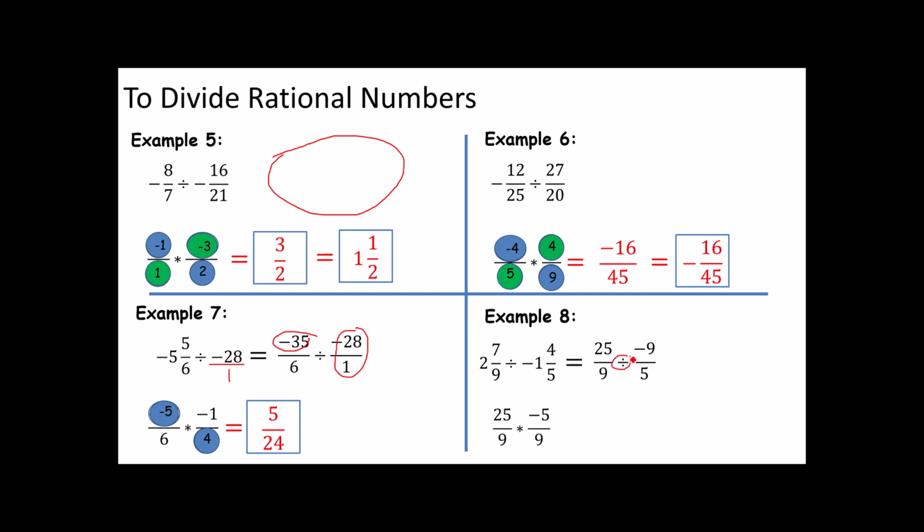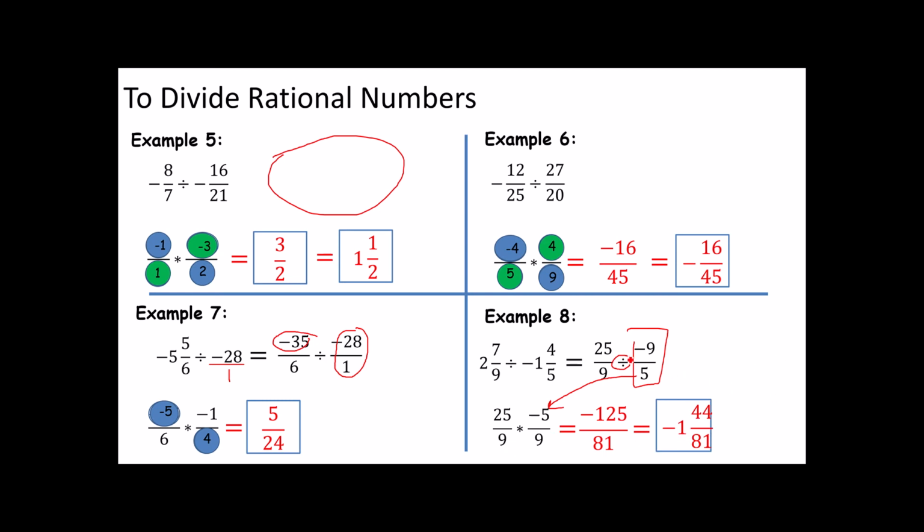So division becomes multiplication, and we use the reciprocal or multiplicative inverse of negative 9/5. Notice here that if I try to cross simplify, 25 does not simplify with 9. Negative 5 also does not simplify with 9. And you get negative 125 over 81, but we always put our final answer as a mixed number.